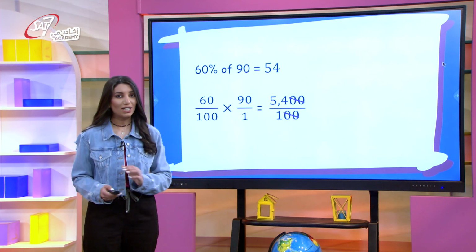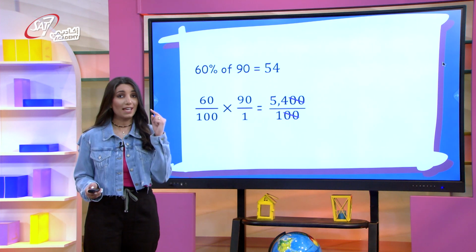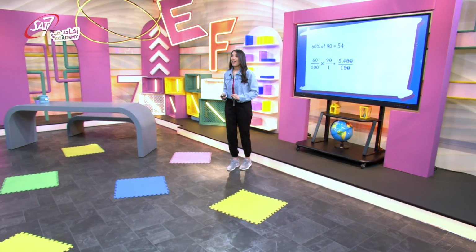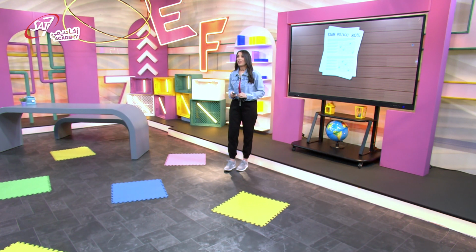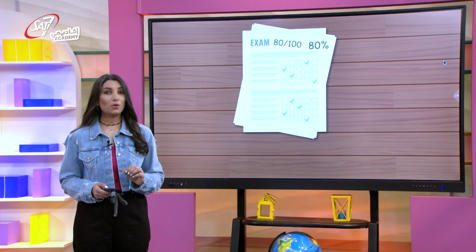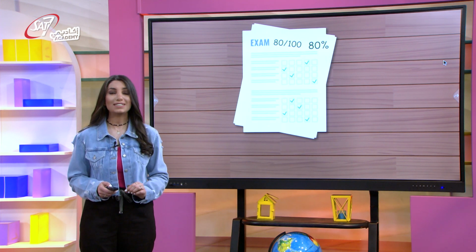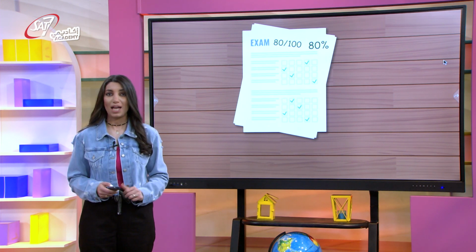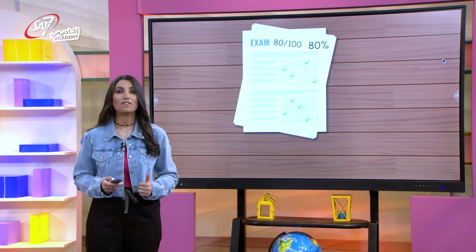Now is the time for a challenge. Is your thinking cap still on? Ivy earned a grade of 80% on her math quiz, 80 over 100. The quiz consisted of 30 exercises. How many exercises did Ivy answer correctly?